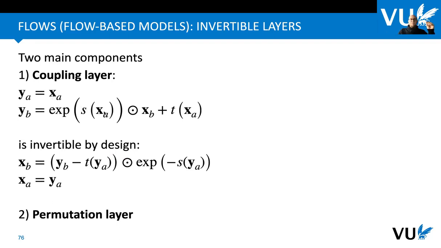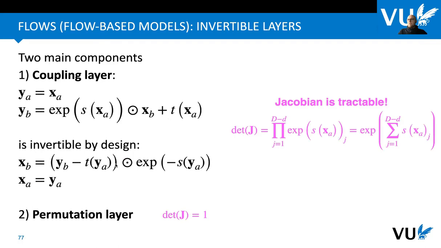And then we transform the second part by scaling using the first part and by translating using the first part of this input, okay? If you think about it, it's useful because first of all, we can very easily invert it. And what is even more, we can very easily calculate the Jacobian of this transformation.